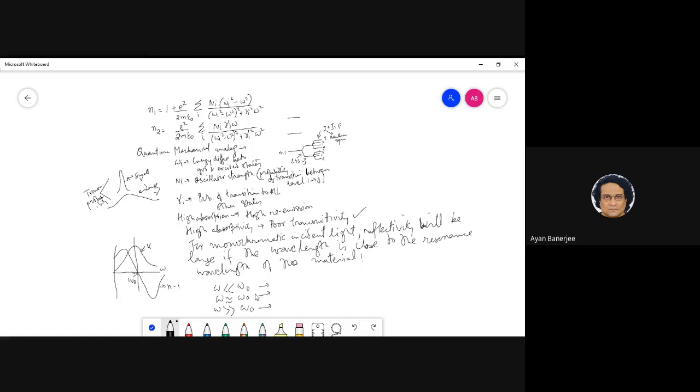Typically, what is the understanding? With increasing wavelength, what happens? Typically, the refractive index decreases or increases? So basically, I'm saying these three regimes.